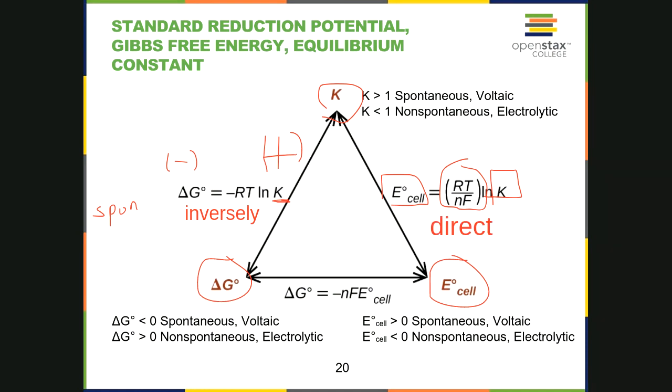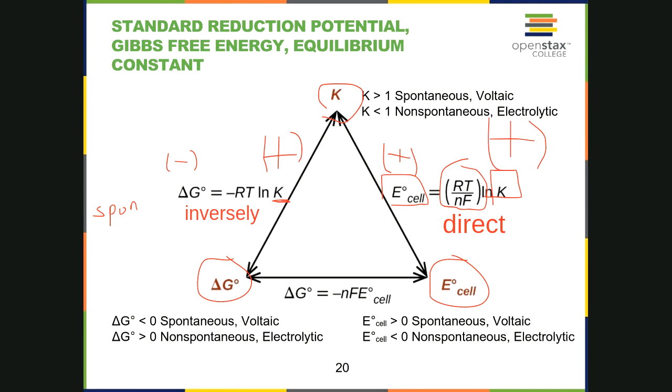So to have the reaction spontaneously go to the product, you would also have a large positive value for the cell potential. So cell potential is going to be positive, and the equilibrium constant is going to be large and positive.